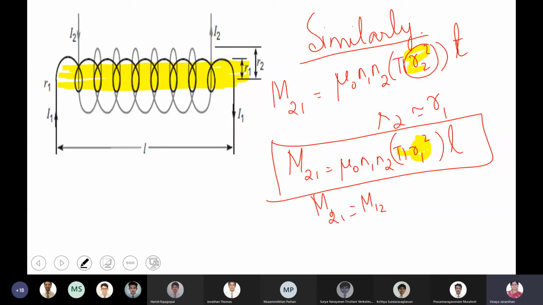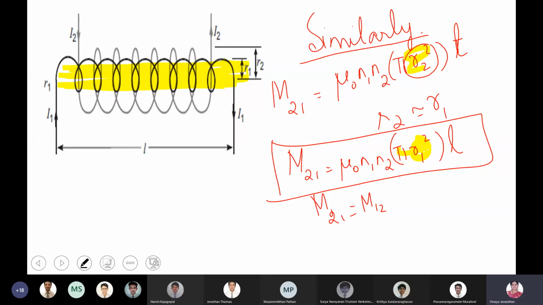But that's the reason the magnetic flux, boys, keep this in mind, the magnetic flux, the number of field lines passing through the secondary coil is only happening inside this highlighted area. The magnetic flux means what? The number of field lines produced by the first coil, because the first coil is carrying an alternating current.